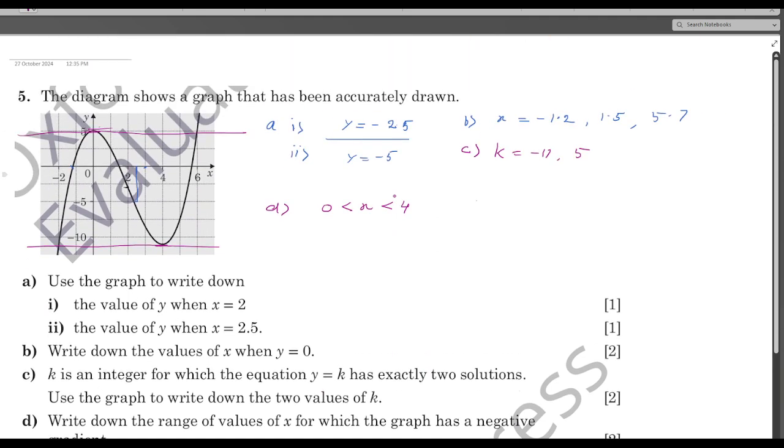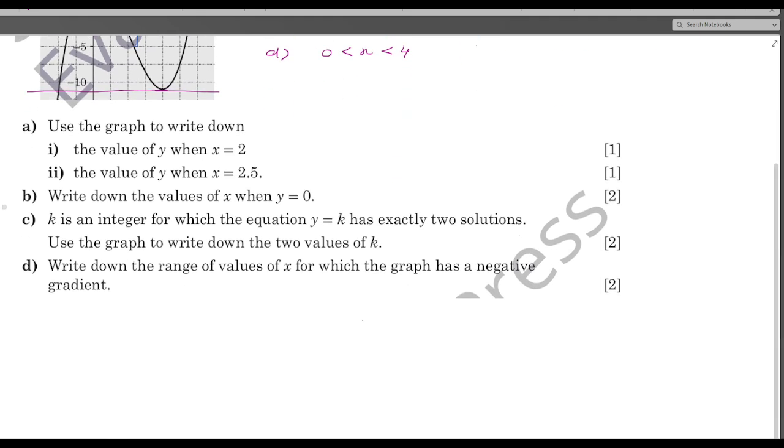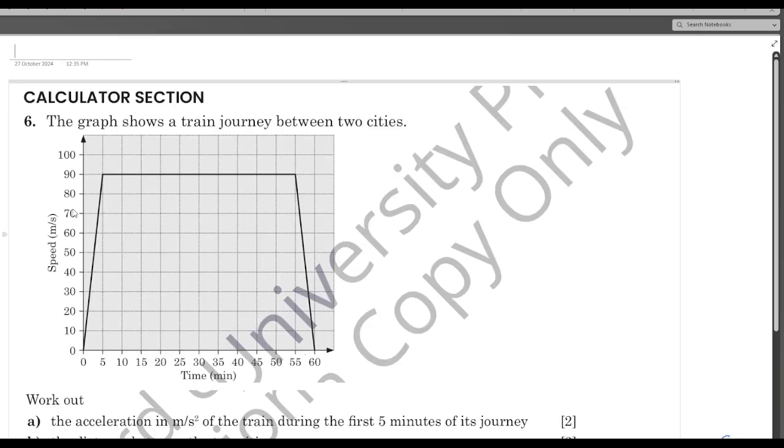Your gradient is nothing but change in y coordinate divided by change in x coordinate. Whenever your y value is going down as x increases, it indicates a negative gradient. Okay, D. Next, question number 6.